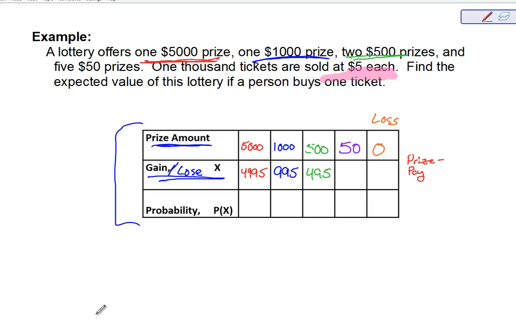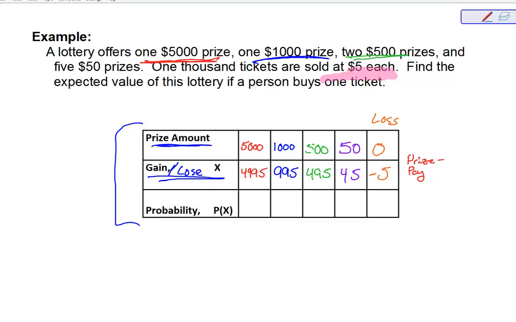Then the $50 that I'm going to win, I actually only get to keep or gain $45. Look at that last column, the loss column. I don't win anything, but I had to pay $5. So how much do I gain? I actually gain a negative $5. That's not very good, but you always have to do that possibility, okay?